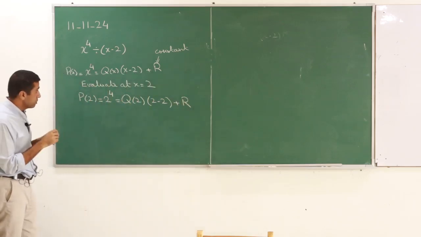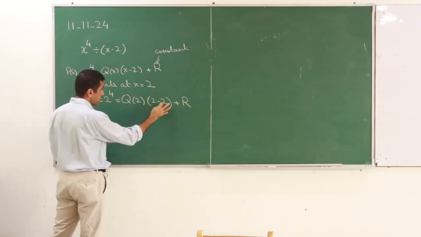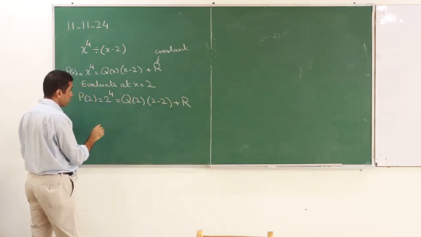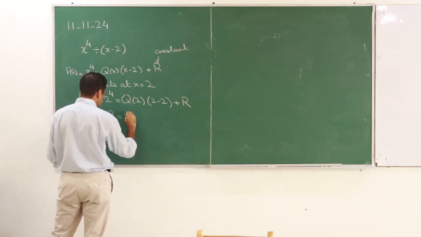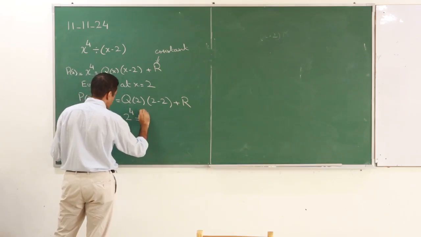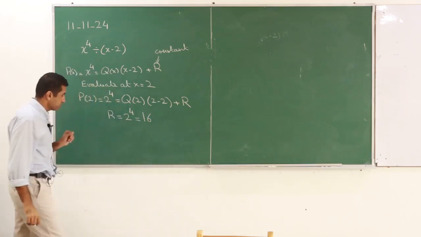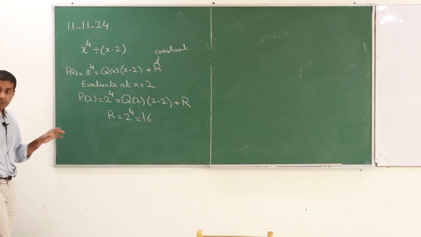Because r is a constant, please remember that. But 2 minus 2 is 0, and 0 multiplied by q of 2 becomes 0. So we find out that the remainder is equal to 2 raised to the power 4, which is equal to 16. Okay? Any questions about this?